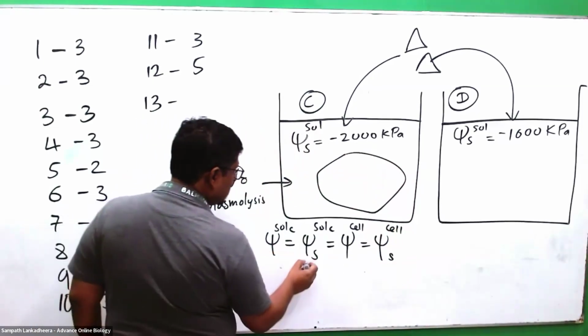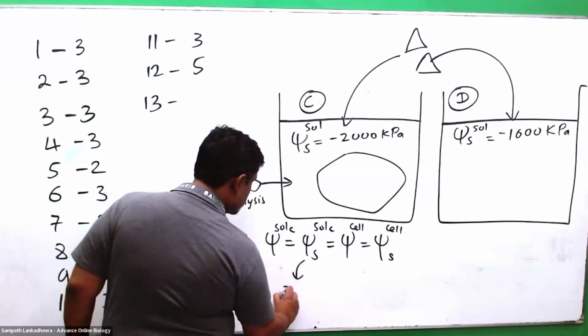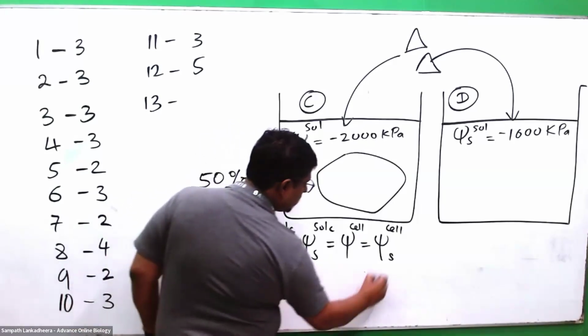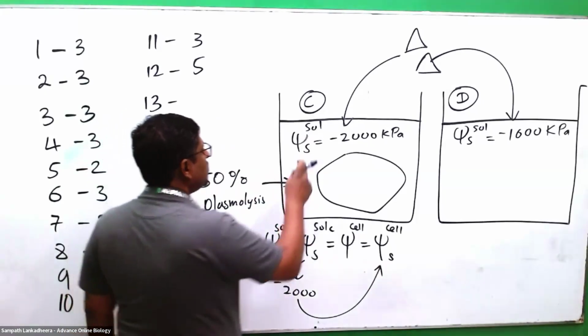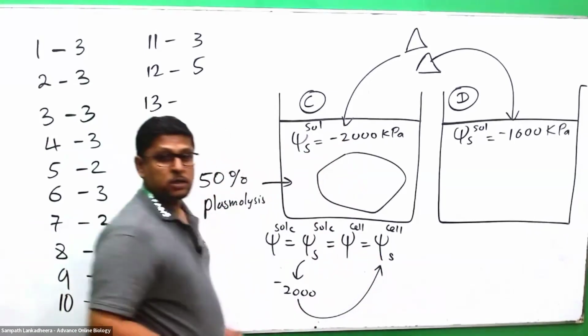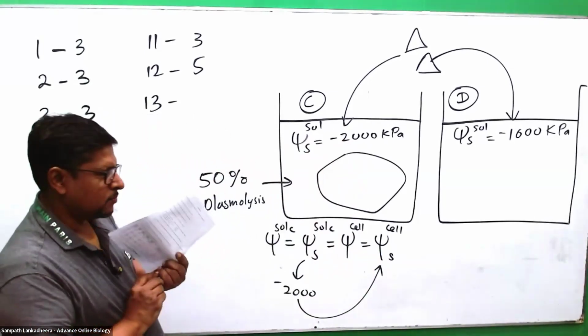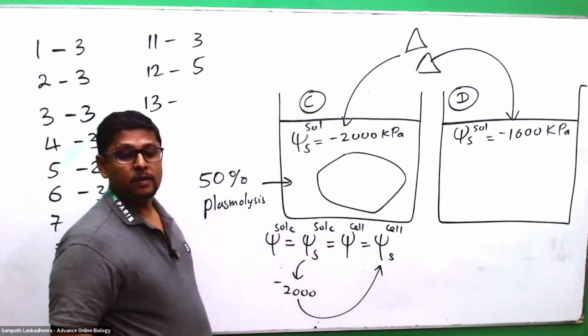So this solute potential value they have given as minus 2000. So now you know the solute potential of the cell.